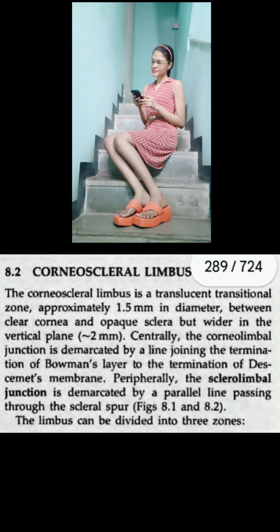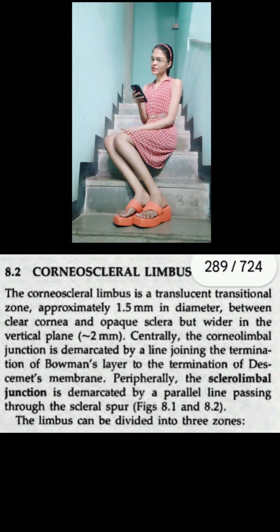Corneoscleral limbus. The corneoscleral limbus is a translucent transitional zone approximately 1.5 mm in width between clear cornea and opaque sclera, but wider in the vertical plane, around 2 mm.